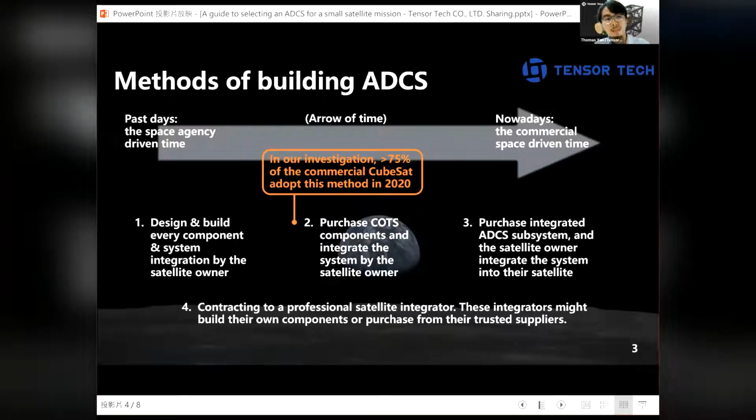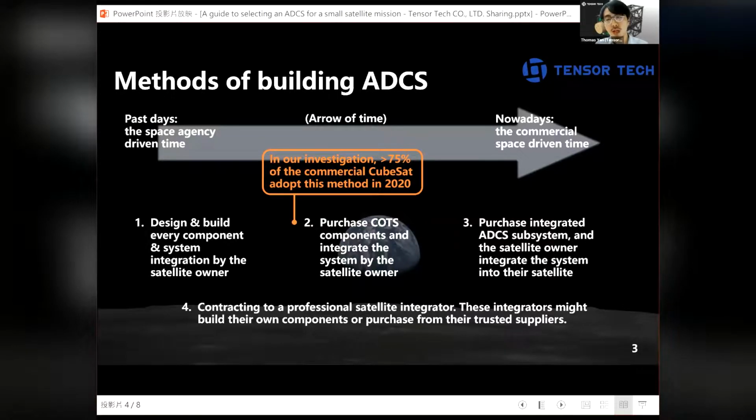This is the old space agency driven days, when people could not find available vendors on the market, so they built everything from the ground up. Then, as the space industry became more and more mature and the division of labor became more professional, some vendors began to provide commercial off-the-shelf components, so people can pick reliable components and integrate their own ADCS.